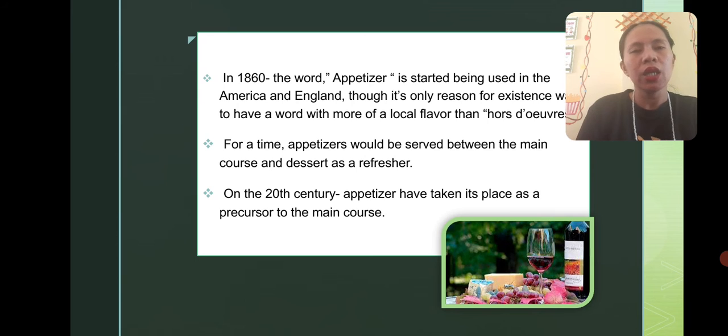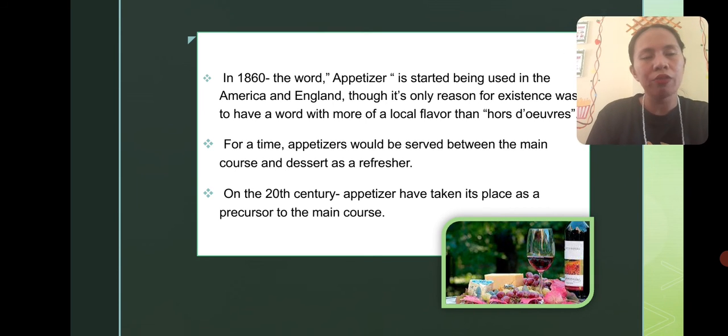In 1860, the word appetizer started being used in America and England, though its only reason for existence was to have a word with more of a local flavor than hors d'oeuvres. For a time, appetizers would be served between the main course and dessert as a refresher, and in the 20th century, appetizers have taken their place as a precursor to the main course.